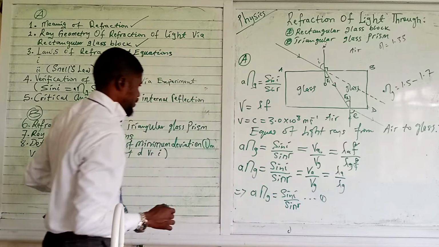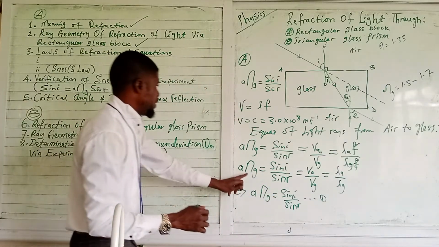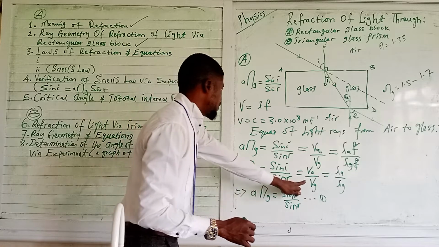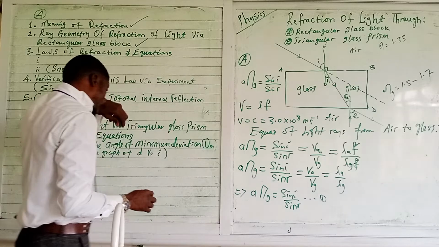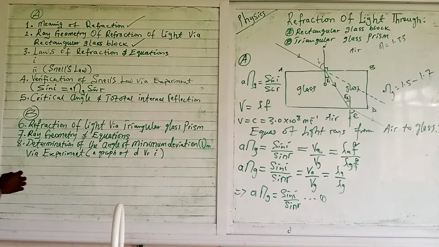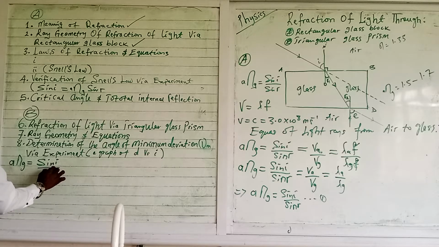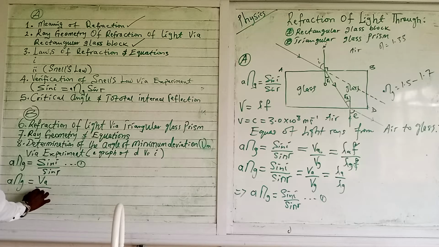It also means that the refractive index of air to glass is equal to V air over V glass.